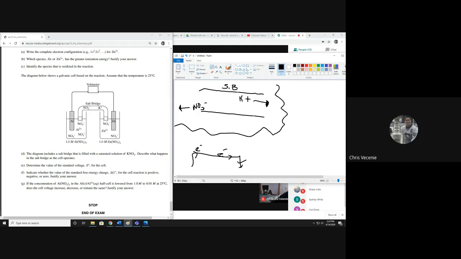The positive ions move toward the cathode. The negative ions move toward the anode. Questions on letter D?